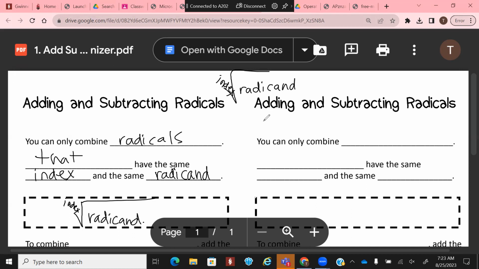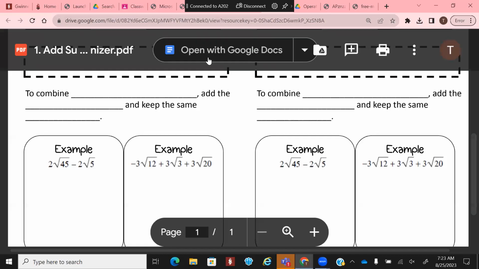It's either going to be a 2, which won't show up, or a 3. So to combine the radicals, you're going to add the outside and keep the same radicand.